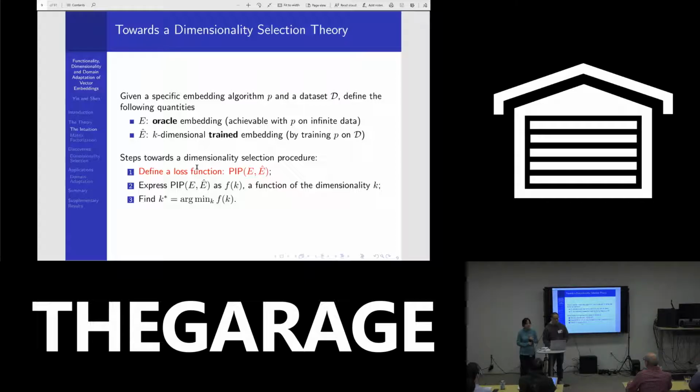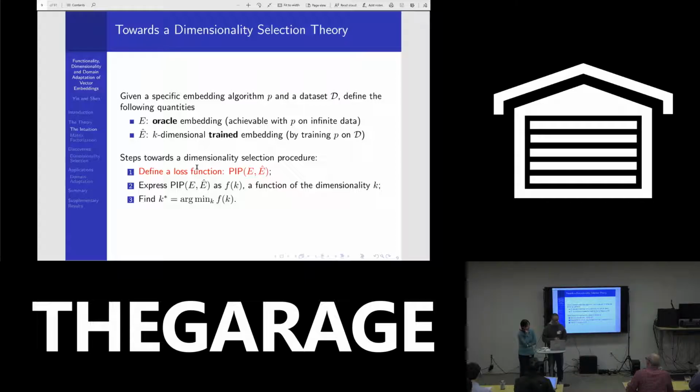The embedding is obtained by working on the estimated co-occurrence probabilities, and that is E hat. Our goal is to minimize the distance between E hat and E in order to find an optimal train embedding. There is a handle we can tune, which is k, the dimensionality. We want to tune that knob to minimize the distance between E hat and E.